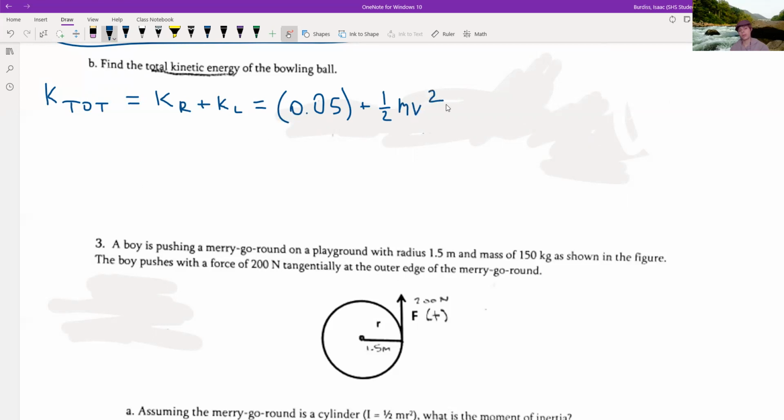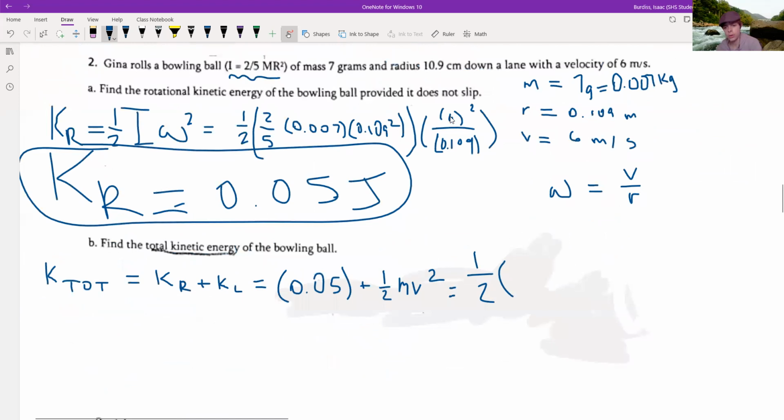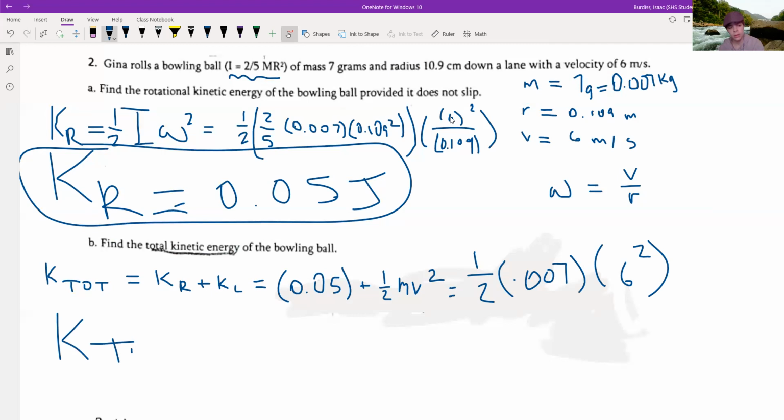And you do 1/2 m, what was our mass? 0.007 times velocity squared. And when you do that, you get, okay, gotta have a calculator.